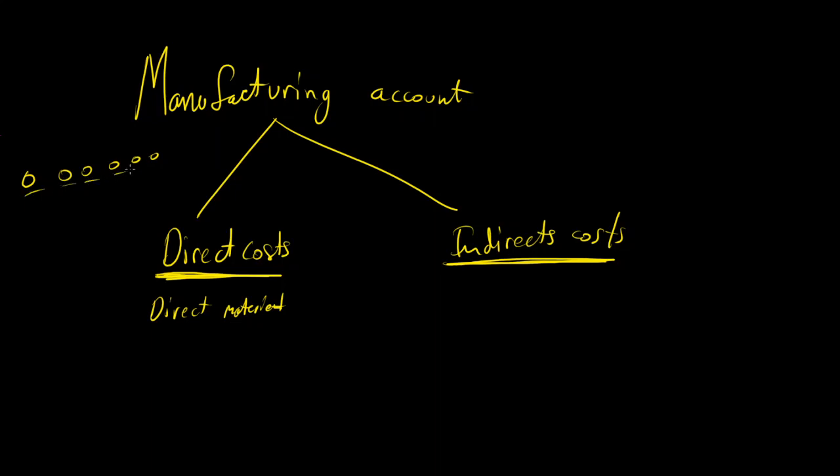Now the direct material used in this: let's say I use 10 pieces of wood. So that's a direct material, right? That's a direct cost. One piece of wood can be allocated to one unit of my production, right? So that's my direct cost, which can be directly linked with the production of each unit.